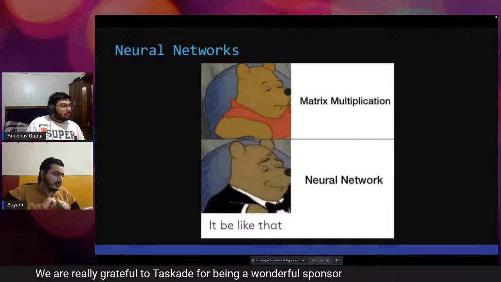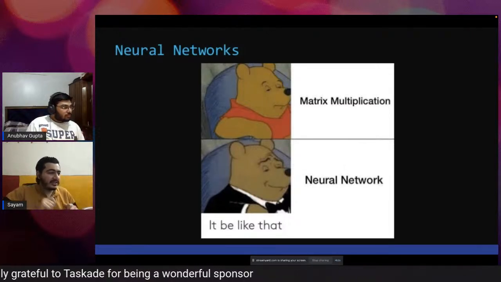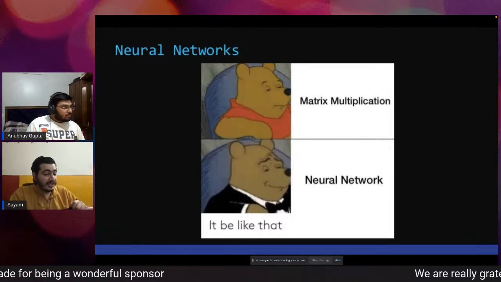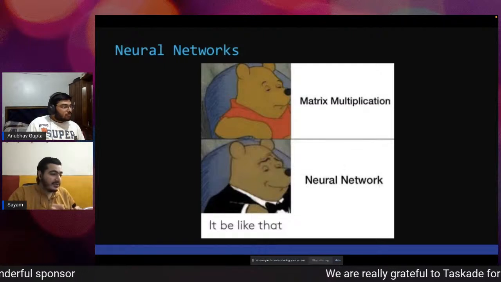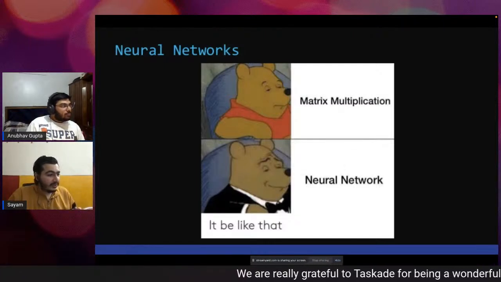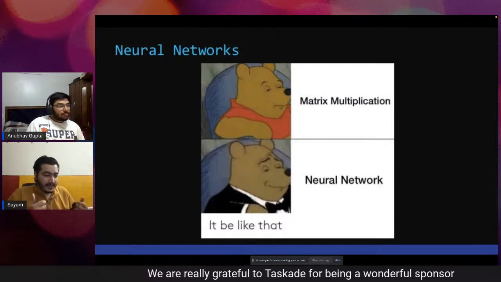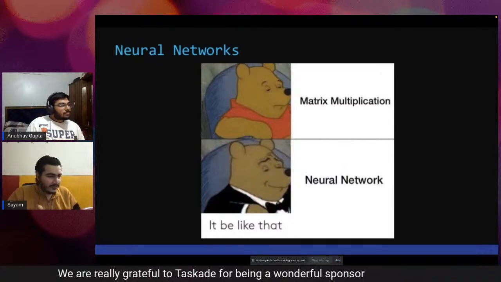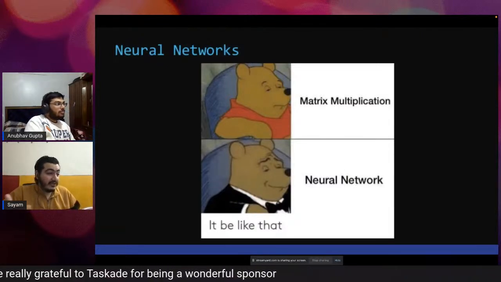You can either scale the vector, which means you can stretch it, or stretch it in the reverse direction, and you can shift the vector. So neural networks are essentially doing stretching and squishing of the input to get to the output in a very complex way.